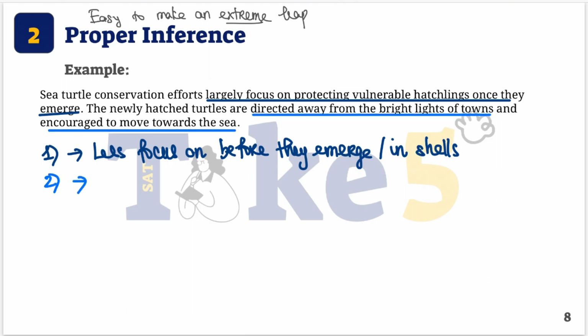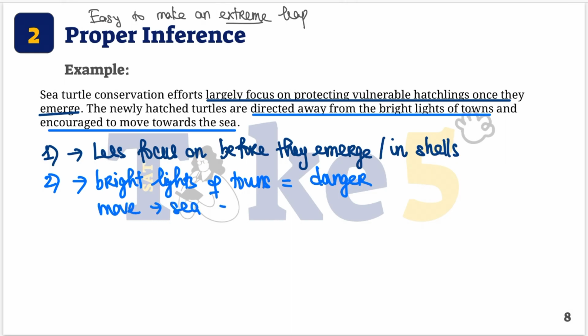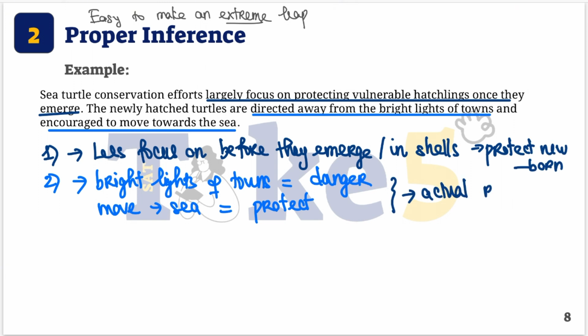So a must-be-true inference can be that bright lights of towns represent danger, and that encouraging the hatchlings to move towards the sea is a way of protecting them. This is one of the inferences you can draw from these two sentences. The first one tells us that we protect vulnerable newborn turtles, and the second one tells us what the actual protection regimen is.